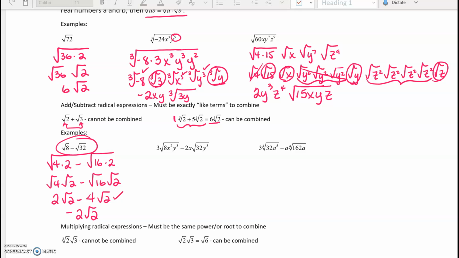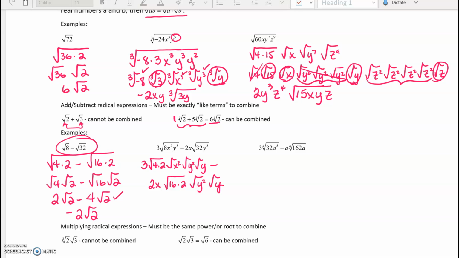Okay, our next example, we've got a square root of 8 again. So I have 3 square root of 4 times 2, and then times the square root of x squared, times the square root of y squared, times square root of y, minus 2x times the square root of 16 times 2 times the square root of y squared times the square root of y.